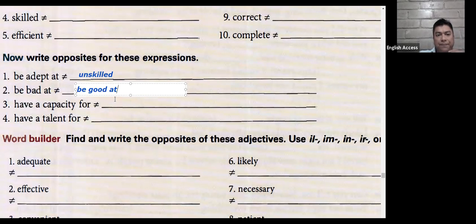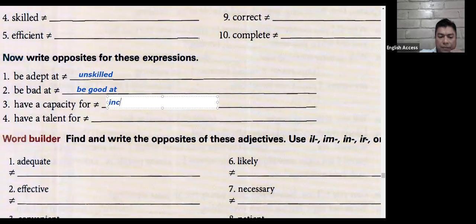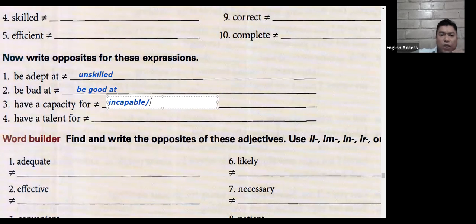Number 3. I would say incapable or unable. It could be unable. Yes, it could be, but unable also means that you don't have the time. It's not only the talent, but also the time.